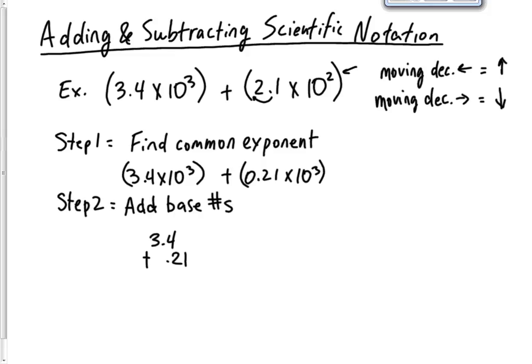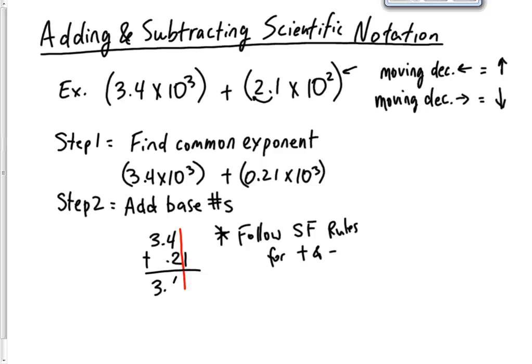And we're going to follow our significant figure rules for adding and subtracting. So we're going to line it up, make our little line down to the right of the number with the fewest decimal places, and then we're going to add it.